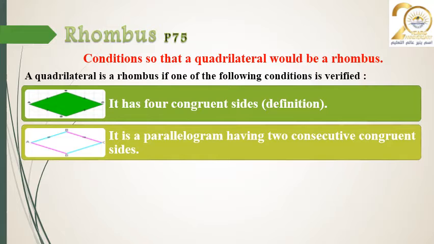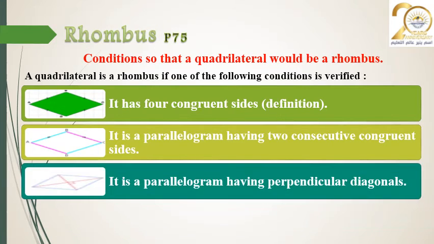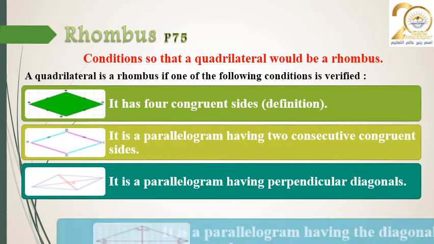Secondly, it's a parallelogram having two consecutive congruent sides. If two congruent sides are consecutive, then this is a rhombus. It's a parallelogram having perpendicular diagonals. If its diagonals are perpendicular to each other, then this is a rhombus.